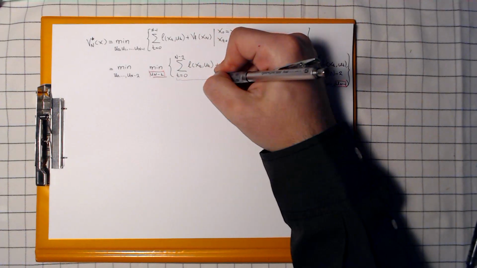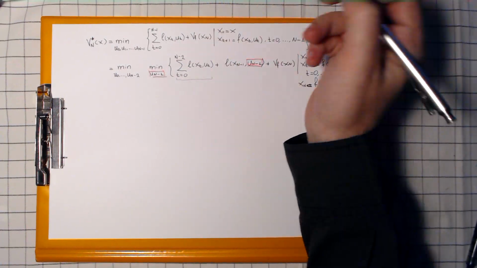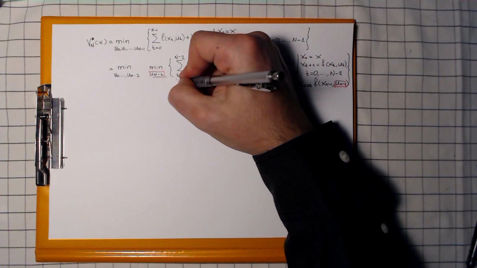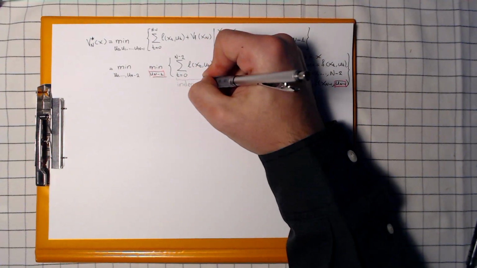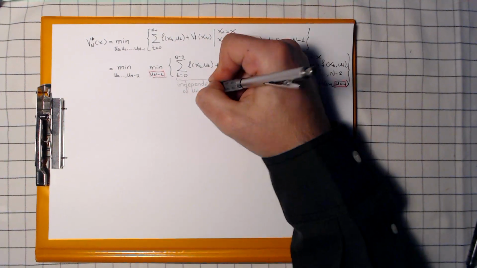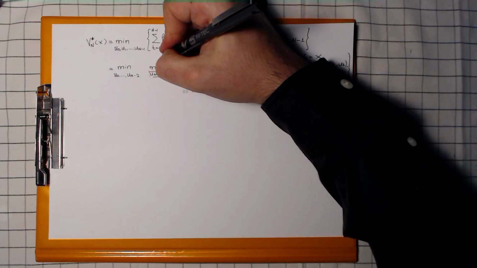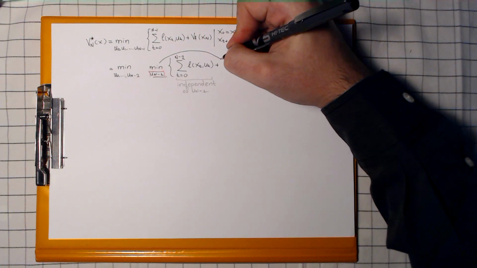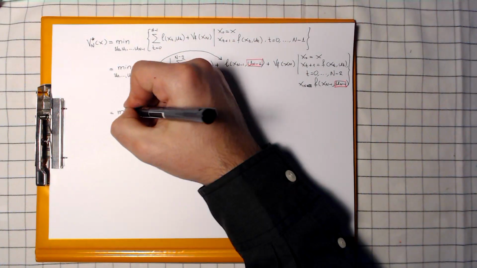Because if you see here, the sum from 0 to n minus 2 is independent of un minus 1. This allows us now to take the minimum from there and move it inside here.